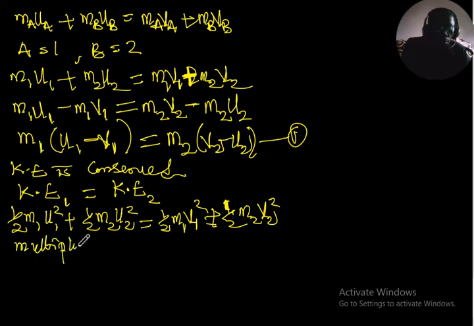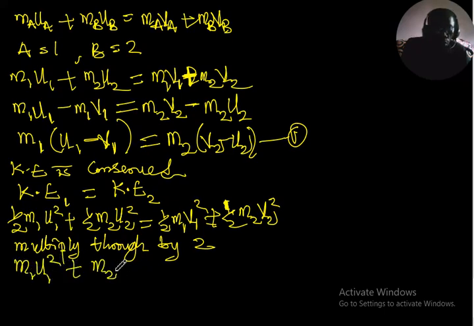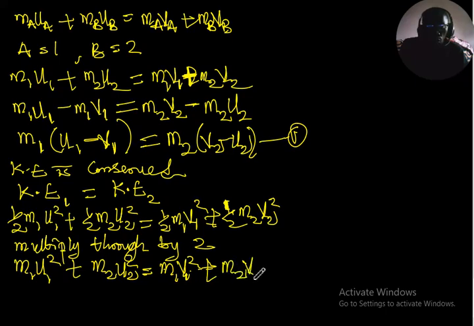You'll be left with M1 U1 squared plus M2 U2 squared equals M1 V1 squared plus M2 V2 squared. Now, same way as equation 1, bring all the M1 and V1 together.